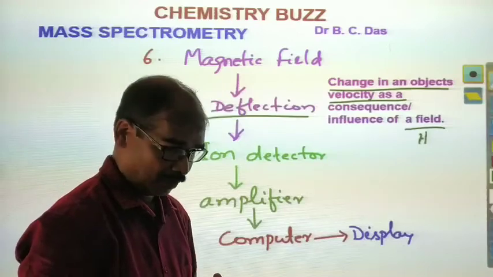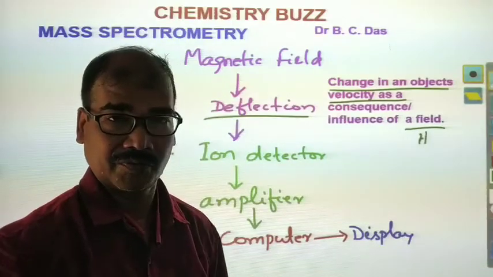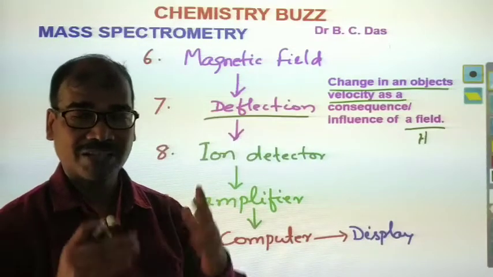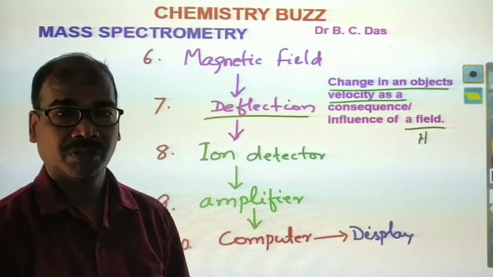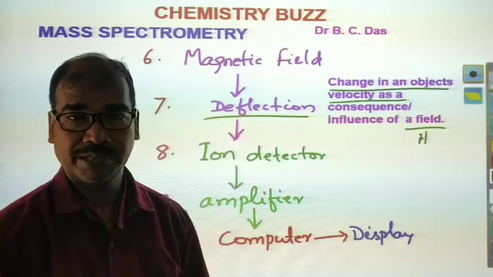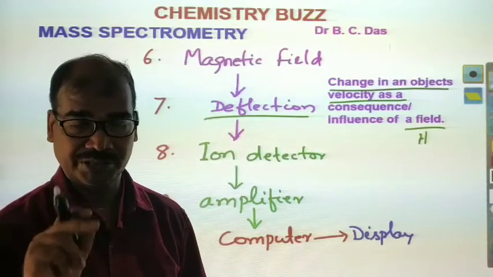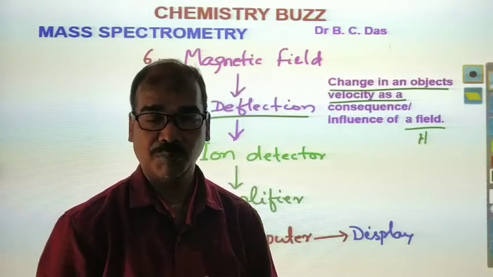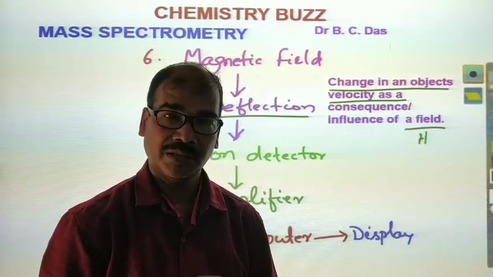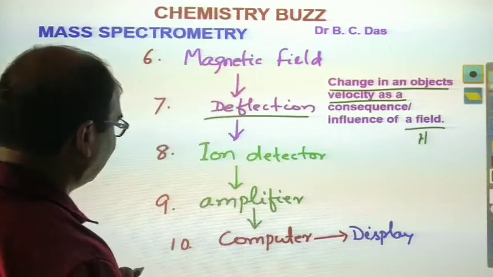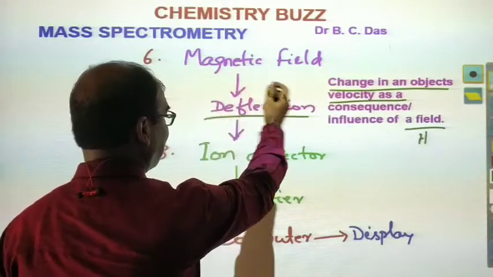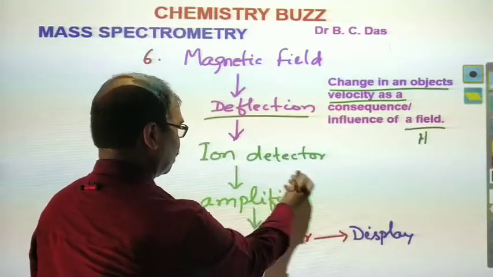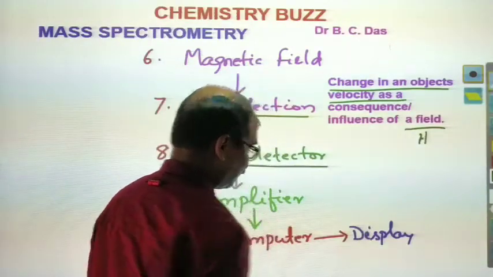We already know that the mass spectrometer detects only mass, that is in the form of m by e. So e is 1, and m by e is equal to the mass of the respective ion. Then after deflection, it comes to the ion detector.